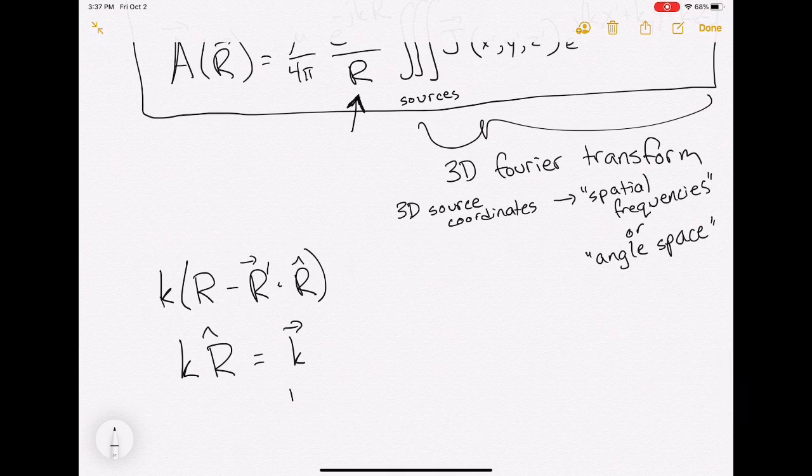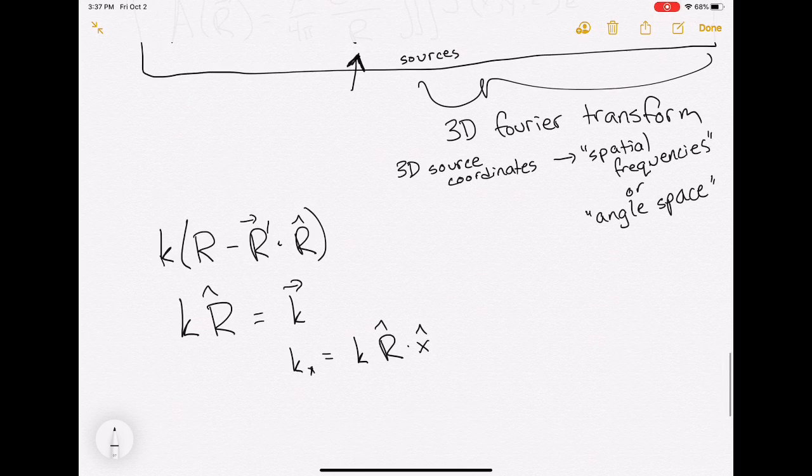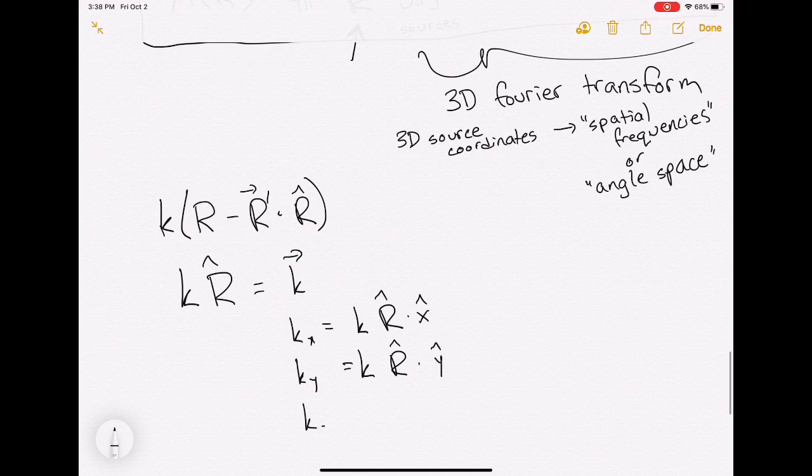And the components of k are kx, where that is equal to k times r hat dot x hat, ky, which is k times r hat dot y hat, and kz, which is k times r hat dot z hat.